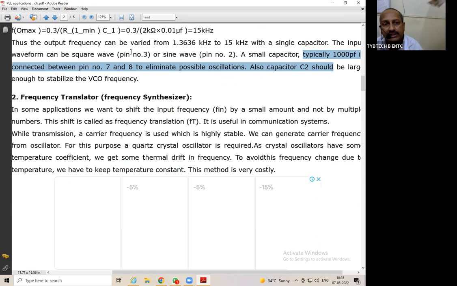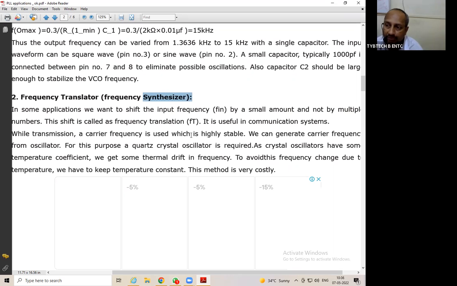The next application they have added is the frequency synthesizer. What is the difference between them? We said that the synthesizer is also the same, in that the frequency can be increased or decreased from the main input source. But the main difference is that in multiplication, it will be in the range of hundreds and thousands.